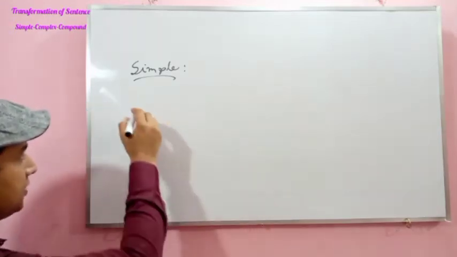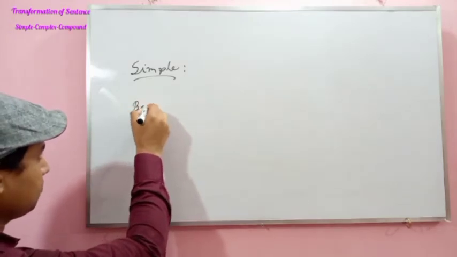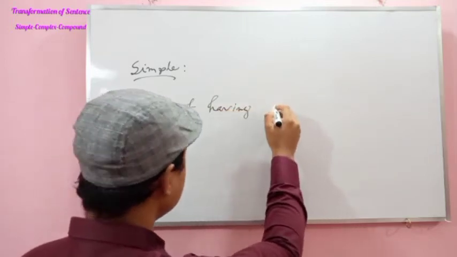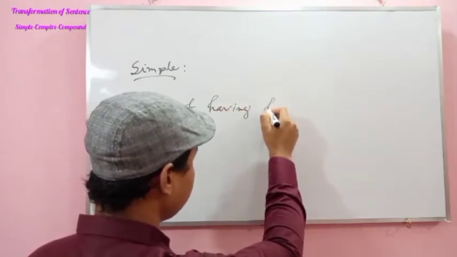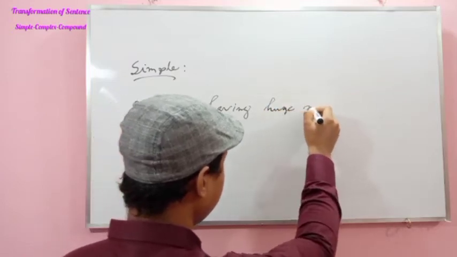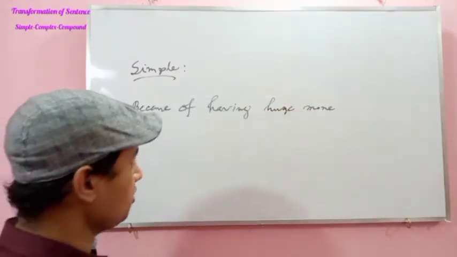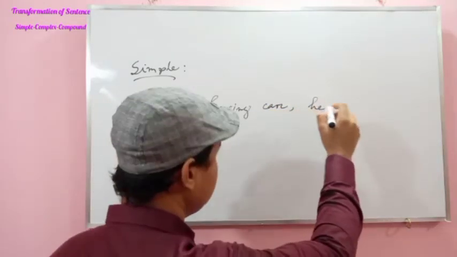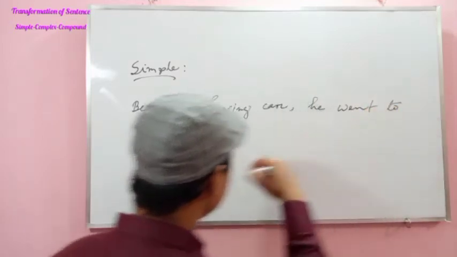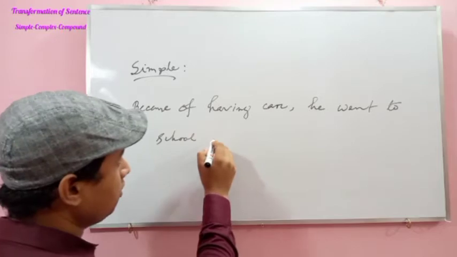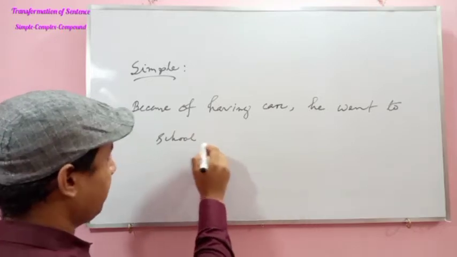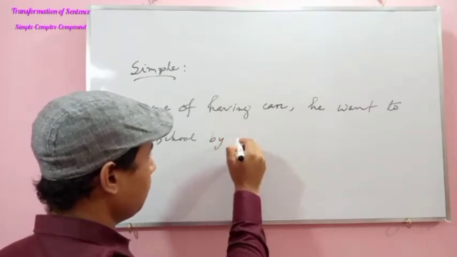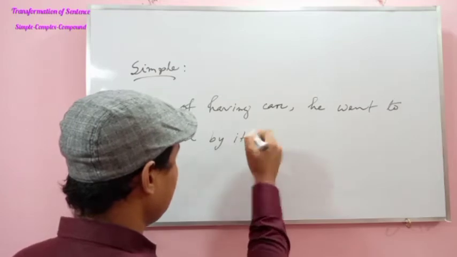Because of having huge money, or because of having a car, he went to school by it, or by the car.